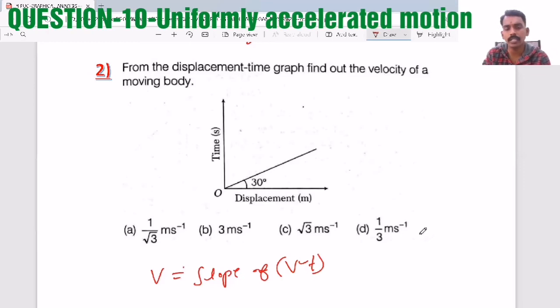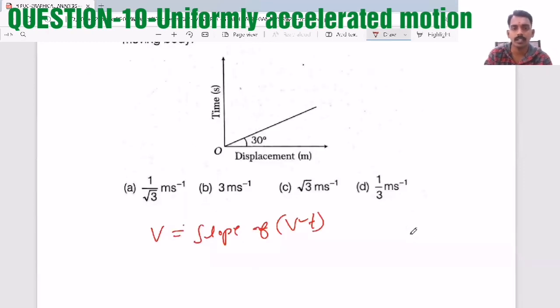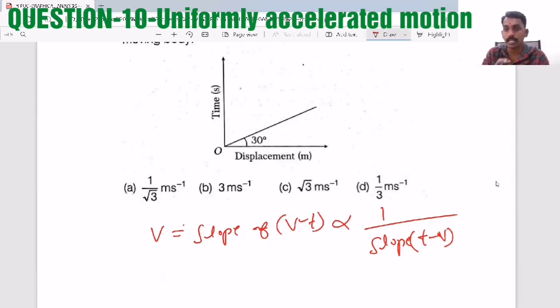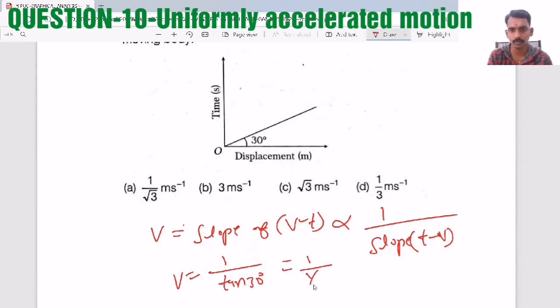But here they have given a t-S graph, which means it is inversely proportional to the slope of t versus S. Because the slope of an S-t graph means S by t, and the slope of a t-S graph means t by S, inversely proportional. That's why velocity V equals 1 by slope, which means tan theta, theta is 30. So 1 by 1 over root 3 equals root 3 meter per second.